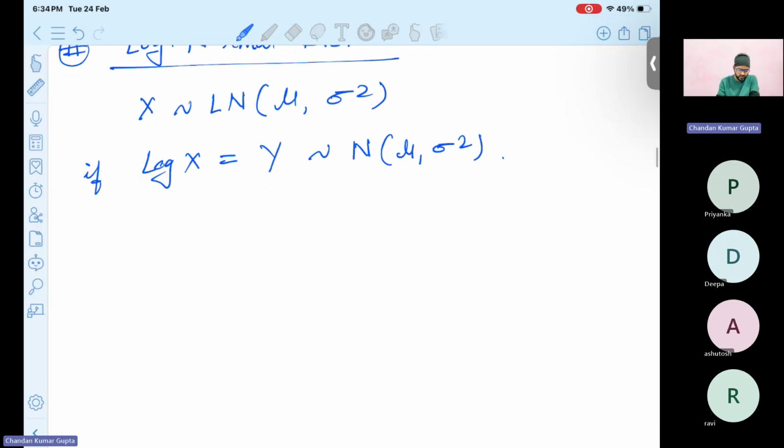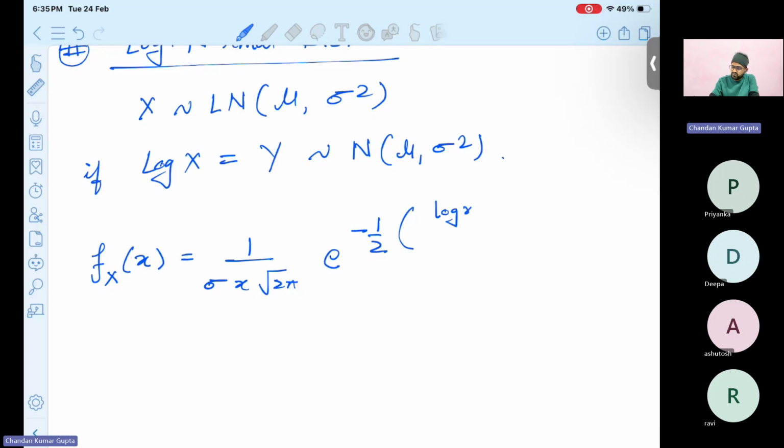Its PDF is also similar in nature: 1 upon sigma x square root of 2 pi. The x is extra, introduced in the denominator, times e to the power minus half, same as in the normal distribution, of log x minus mu upon sigma, whole square.